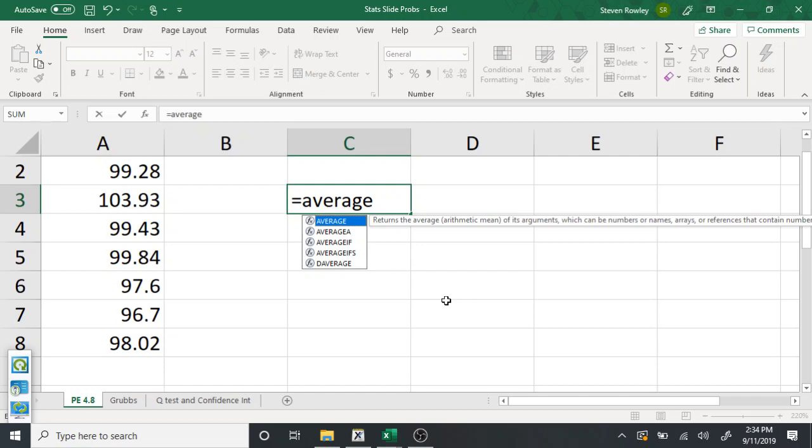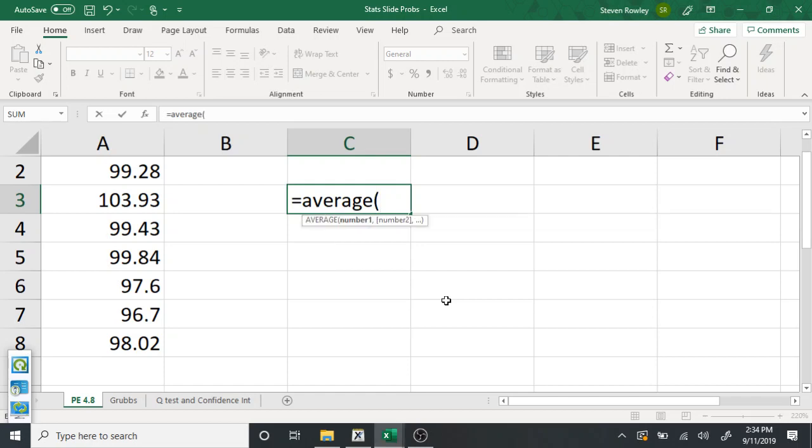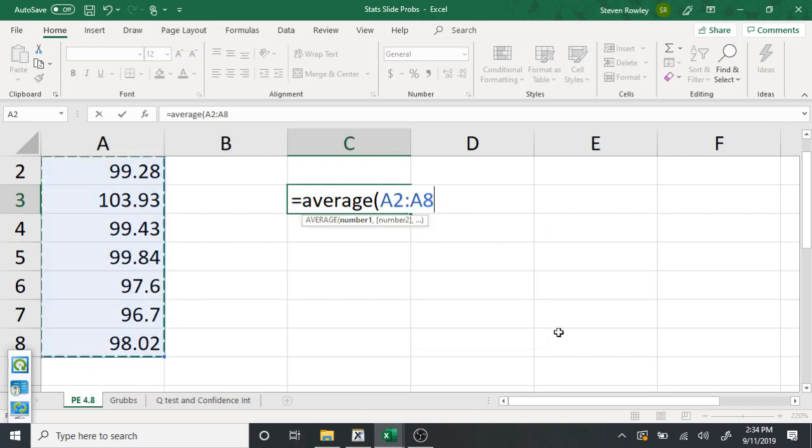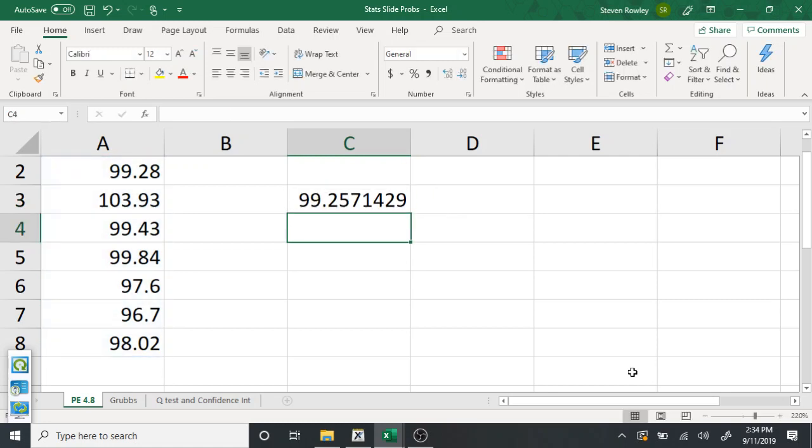Open parentheses. And then I can just select through my data. I can just drag through there, and you see how it's selected the contents of A2 through A8, and then close my parentheses. Hit enter. There's my average.